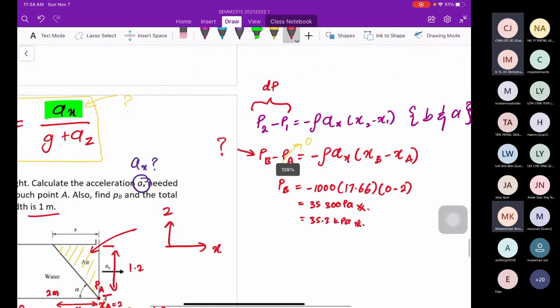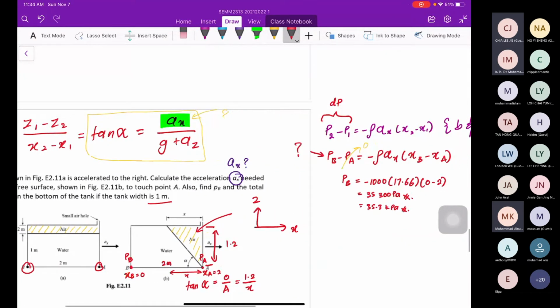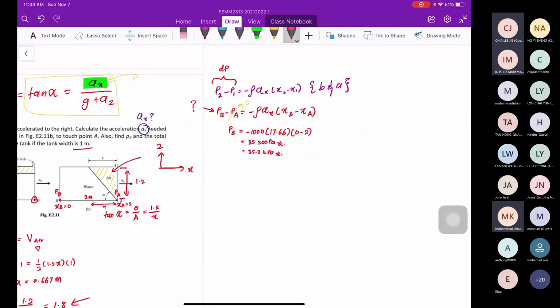Lastly, to find the force acting on the bottom of the tank, we can use the average. We realize that the pressure distribution is decreasing linearly from PB to PA. Hence, we can use the average pressure over the bottom of the tank. F equal to PB plus PA over 2, this is the average pressure, multiplied with the area of the tank from the top view.